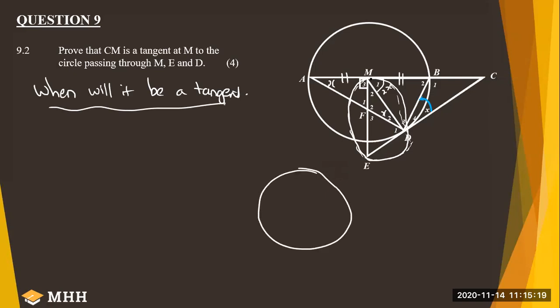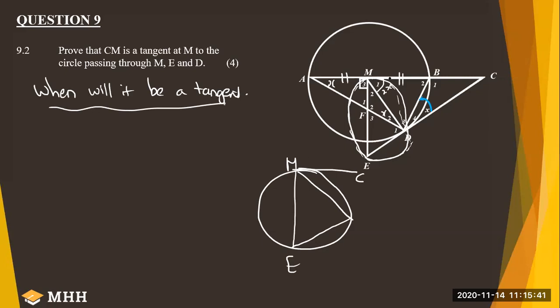So what do I have there? If I look at M, I'm just redrawing it so that you can see it better. And if you can't see it, you can quickly redraw it at a terrible speed in the exam, okay? When will MC be a tangent?